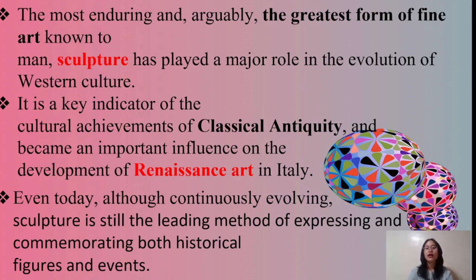It is an art that expresses history. It showcases the past. Even today, although continuously evolving, sculpture is still the leading method of expressing and commemorating both historical figures and events.